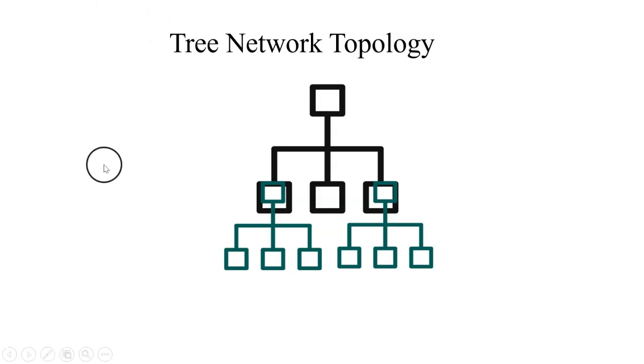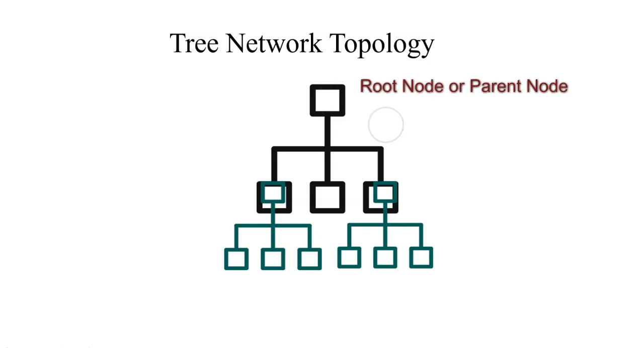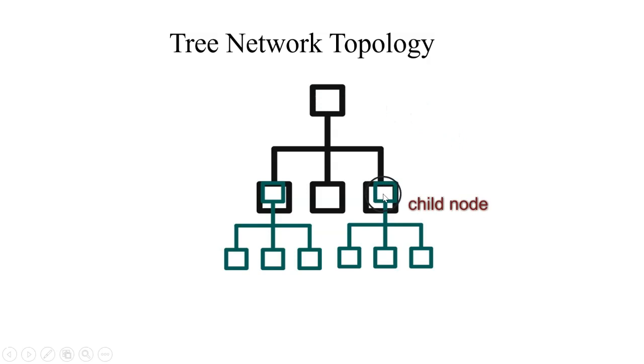The node which is there at the top is basically known as the root node or the parent node, and the nodes below that root node are known as subnodes or the children of the node. This is basically the root node, and this node is a child node. This one is also a child node, this one is also a child node, and below that again there are subnodes.